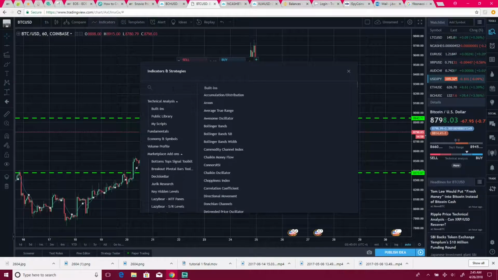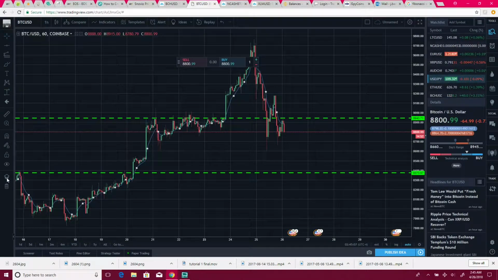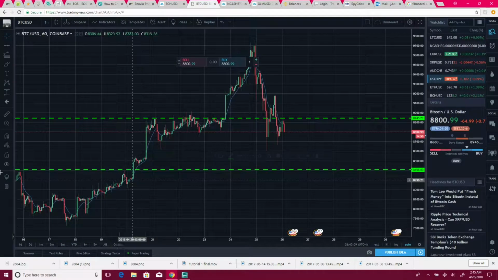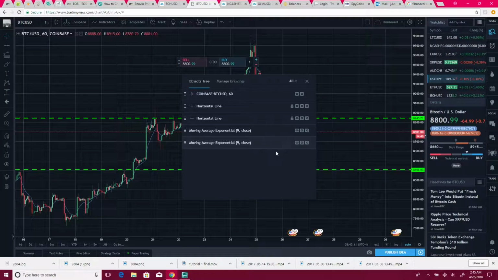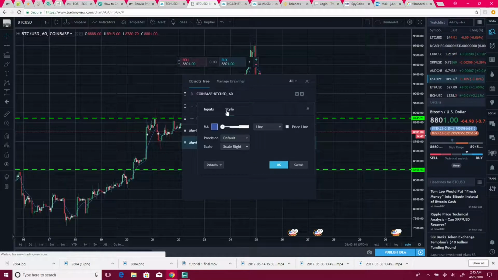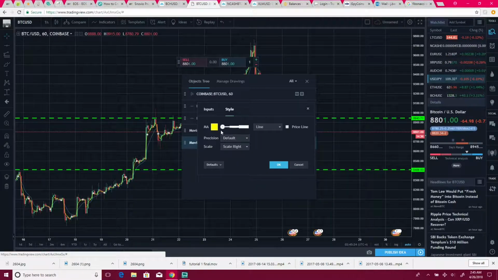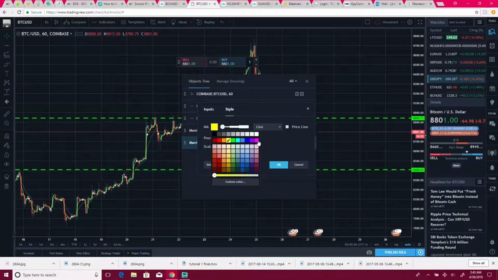So here's one way we can use the EMA. If I add another EMA to this, and let's say I change one of these to 3 and change the color to something really visible. No, that's too blurry.